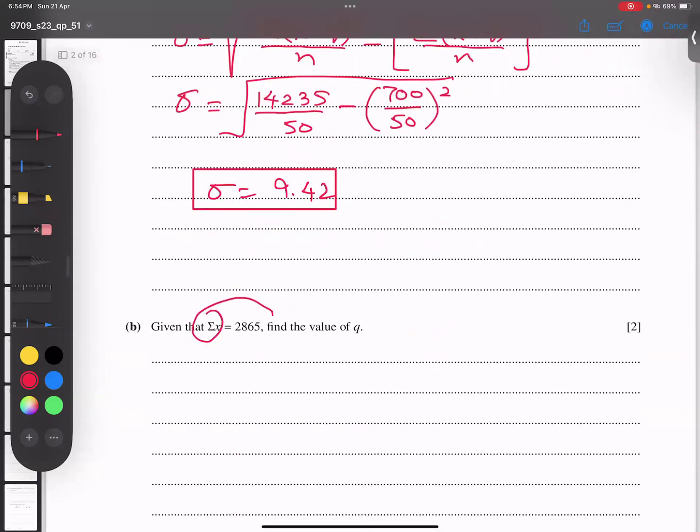This time he said sigma x. We have a basic formula for this, done even in O levels. How to find the mean? We have the normal mean formula. What is the mean formula, students? We use the sum of the values divided by the number of the values.